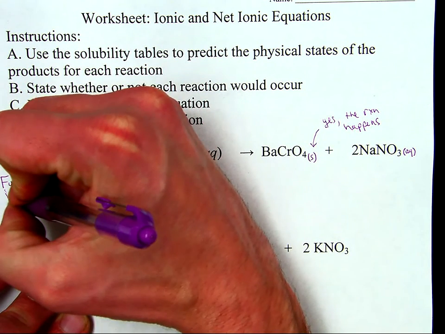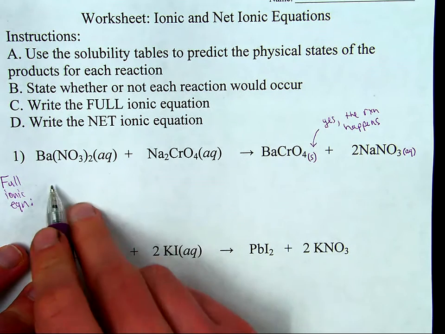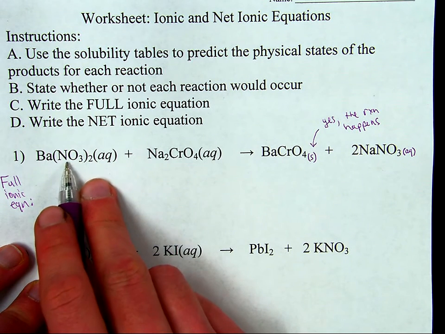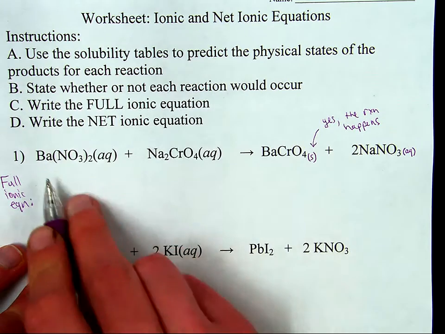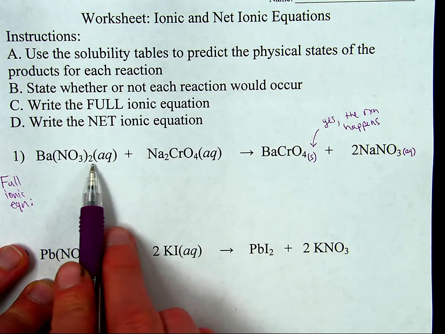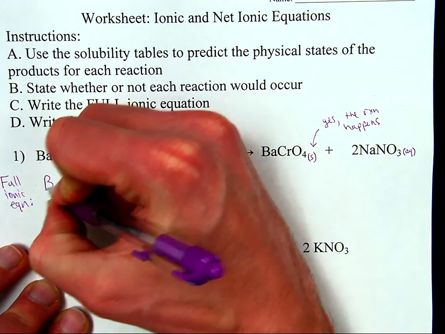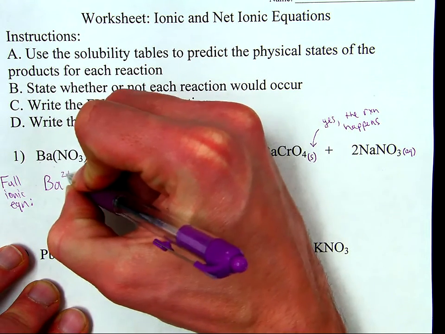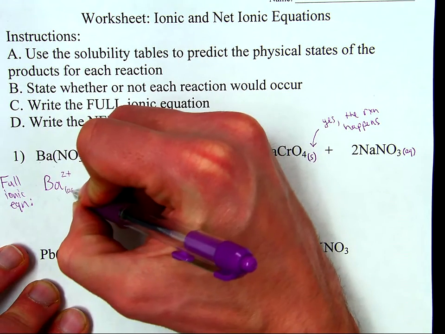Full ionic equation will go here. So if it's ionic and it's aqueous, that means it will split into ions. That means barium nitrate becomes one barium and two nitrates, because this right here means that there are two nitrates in there. So I'm going to put barium, and barium has a 2+. I find that out by looking at the periodic table. And I'm going to put aqueous, because it's dissolved in water.